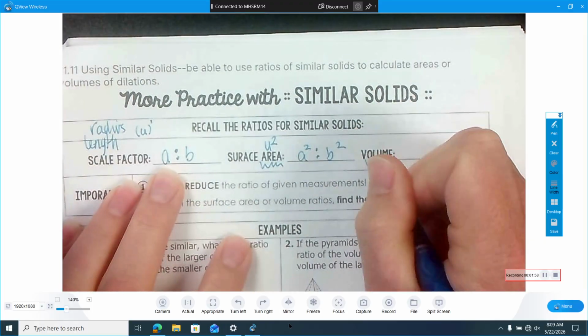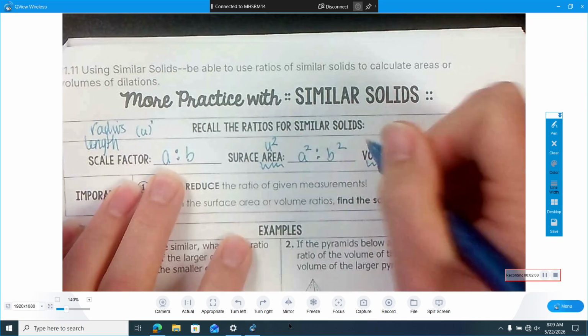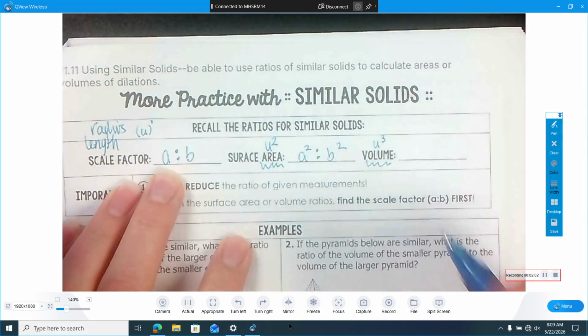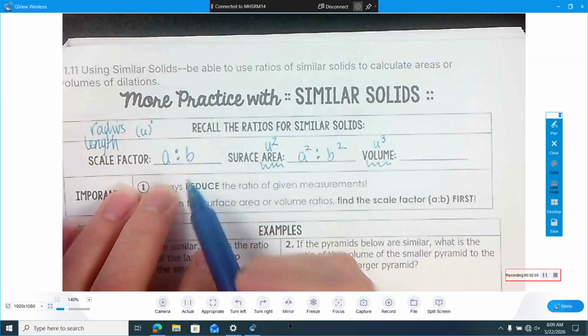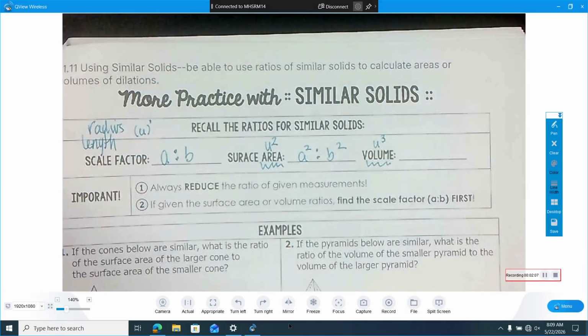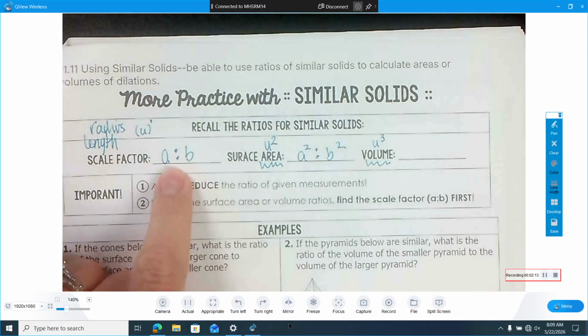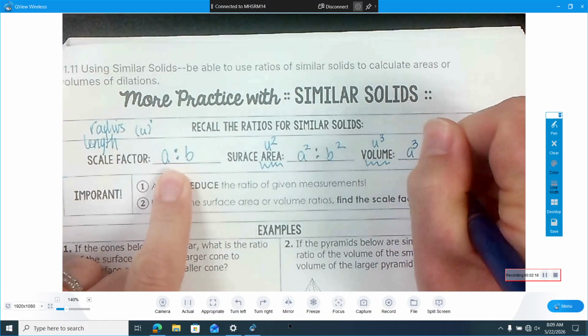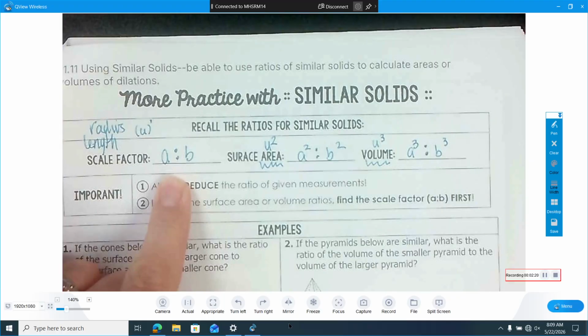And then volume is cubic units. And so, again, when we're talking about enlarging or shrinking something, increasing its volume or shrinking its volume, we have to do the same thing to their scale factors. So A cubed to B cubed.